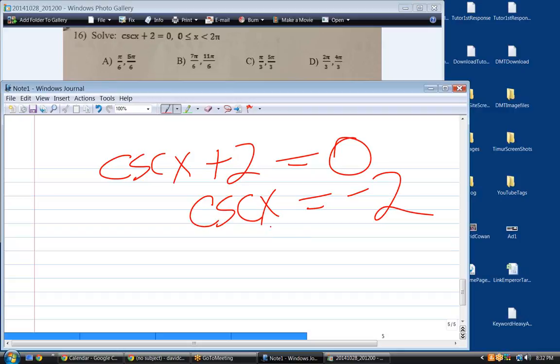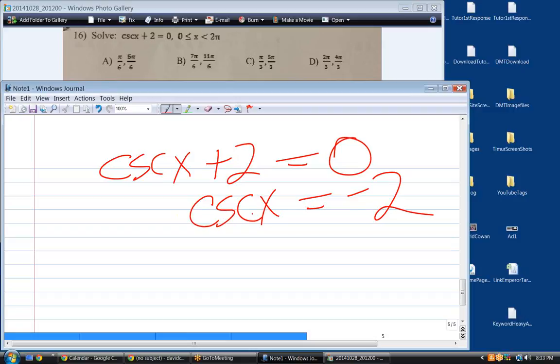I always do this a certain way, but it's not to say that you have to do it that way. Do you know where the cosecant of x is equal to -2? I do not have that graph memorized.